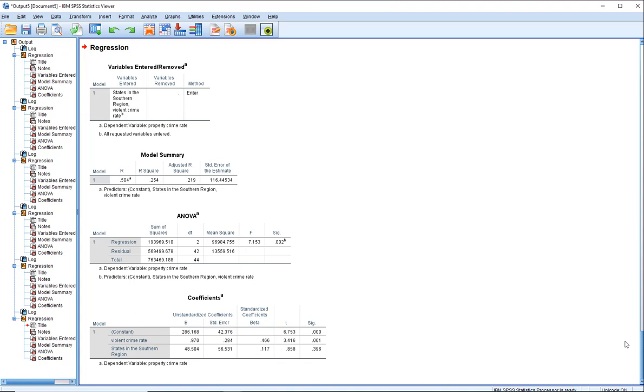I know it's non-significant because it's got 0.396. But if it were significant, then because this was coded as 0 for non-southern states and 1 for southern states, I would interpret this to say that on the average, the southern states have about 48.5 more property crimes as compared to the non-southern states.